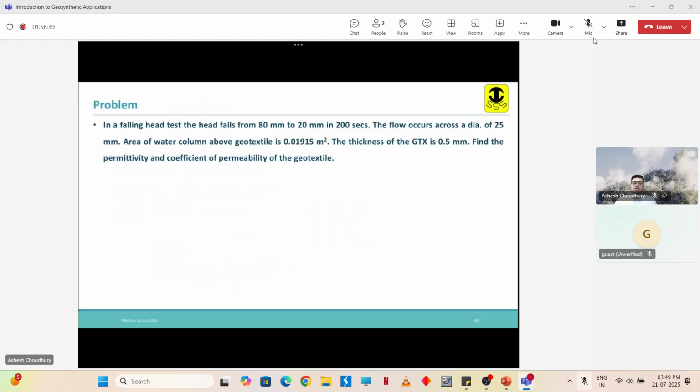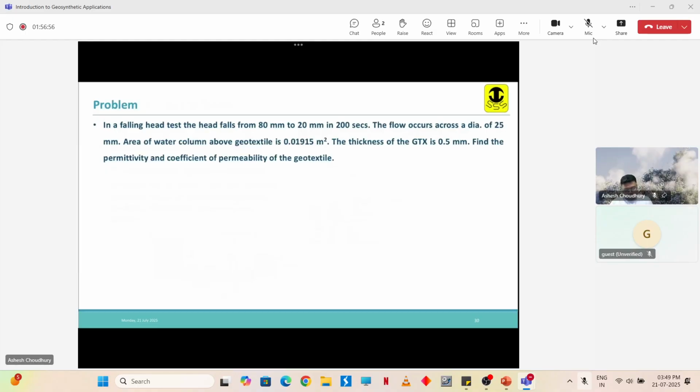The flow occurs across a diameter of 25 mm. The area of the water column of the geotextile is 0.01915 meter square. The thickness of the geotextile is 0.5 mm. Find the permittivity and coefficient of permeability of the geotextile.